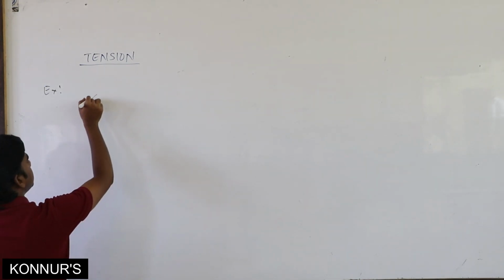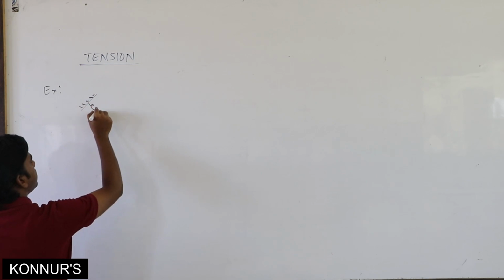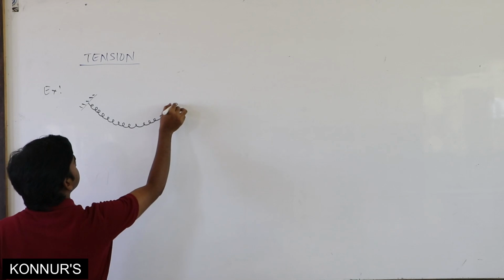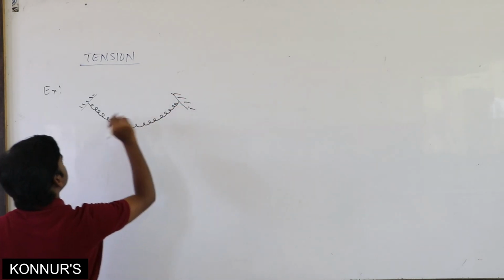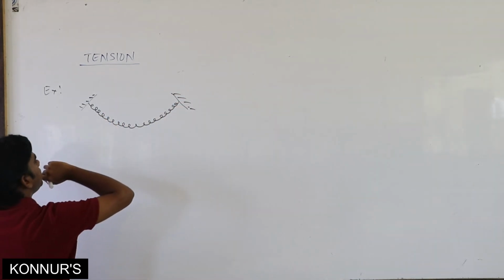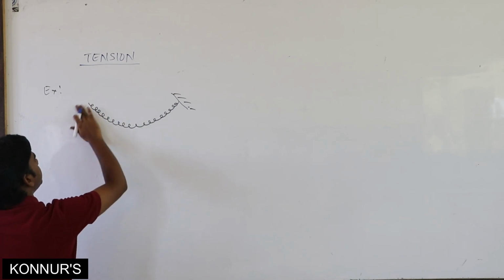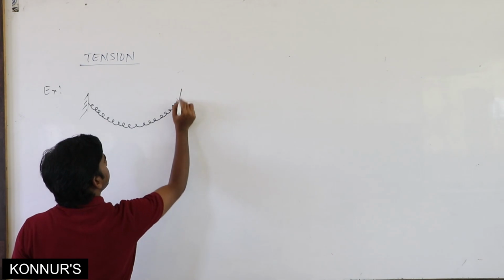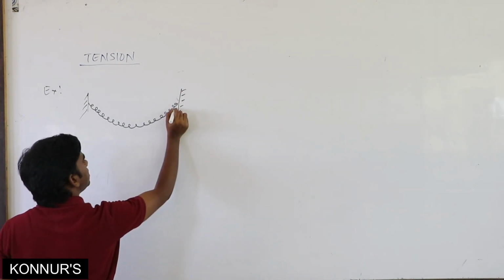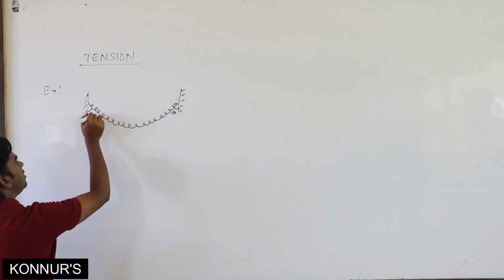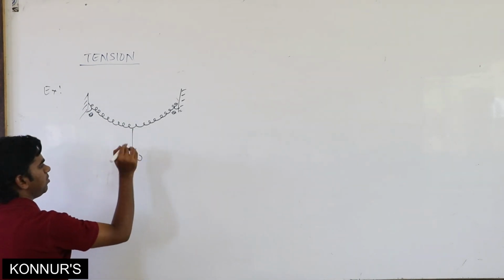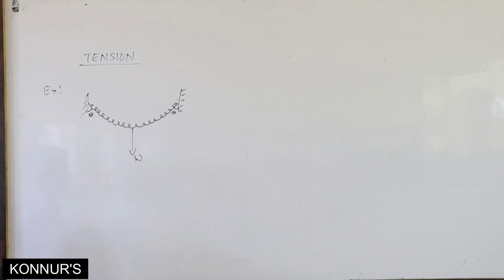Suppose there is a rigid support and a chain is connected like this, and this is another rigid support. If the chain is making some angle theta here and here, and the weight of the chain is W, what will be the tension acting?